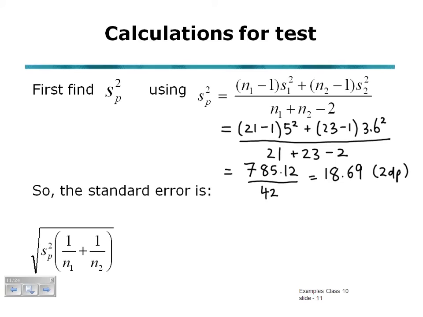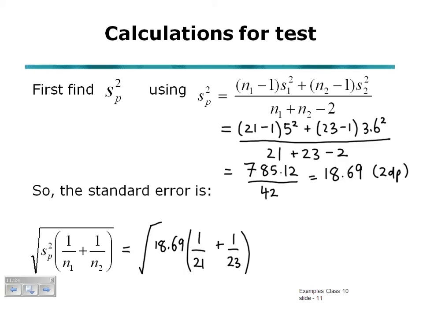In order to find the standard error to use in the test statistic, we need to take the square root of that pooled variance, 18.69, keeping accuracy in our Excel spreadsheet, multiplied by 1 over sample size 1, 1 over 21, plus 1 over sample size 2, 1 over 23.